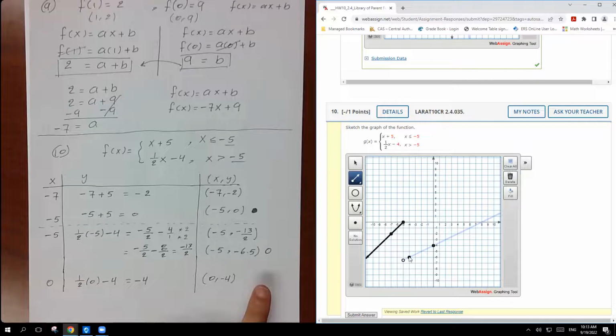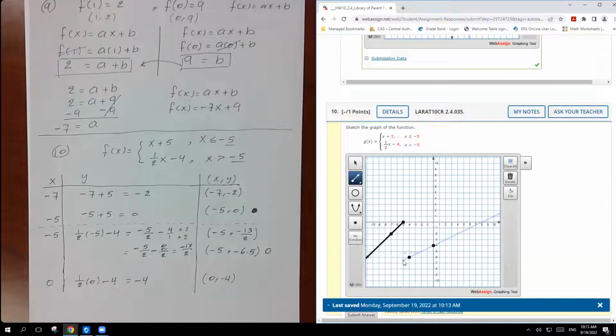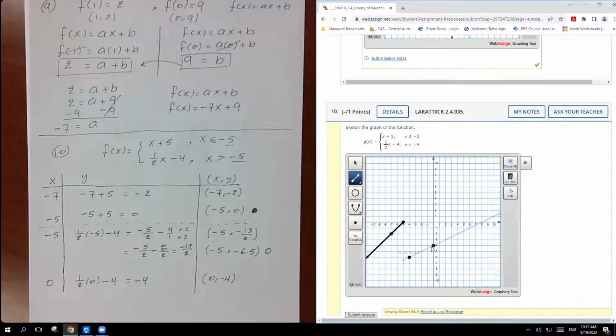I don't need to put another point. So let's check it. Here is the first line, and here is the second one. Start from this point, negative 6.5, and keep going. This is an extra point.